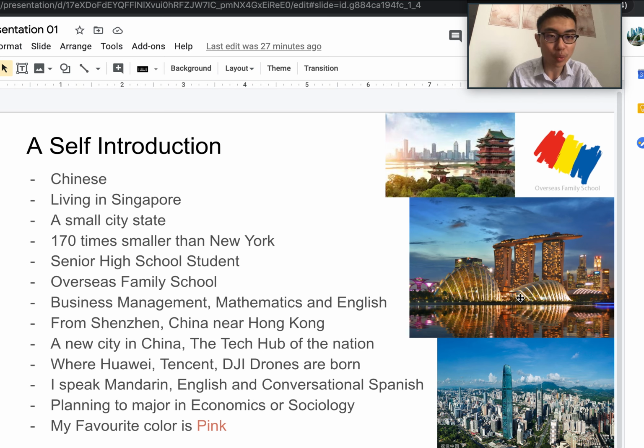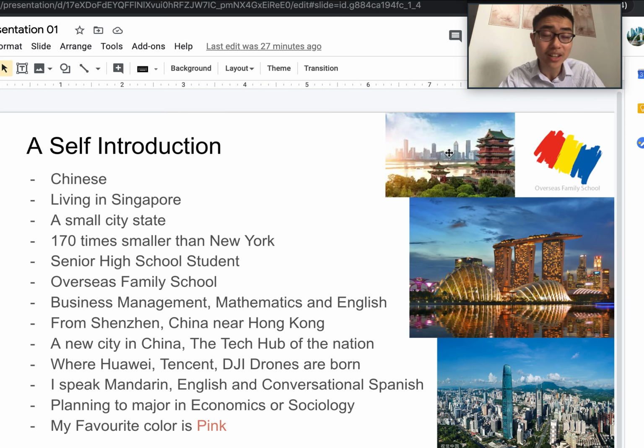And here is Singapore, by the way, and here is Beijing. Okay. And if you know Huawei, which makes phones, laptops, and definitely also cars, a competitor of Apple and Samsung, Huawei was born and is headquartered in Shenzhen. You might also know Tencent, a Chinese internet service company which offers social media.